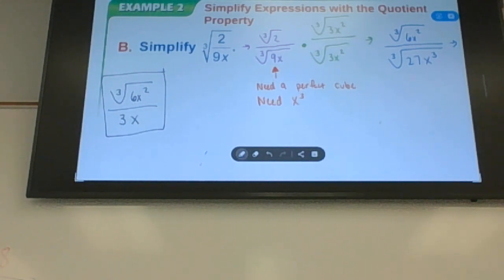Final answer. All so that we have a rational denominator, so we don't have a radical in the denominator.